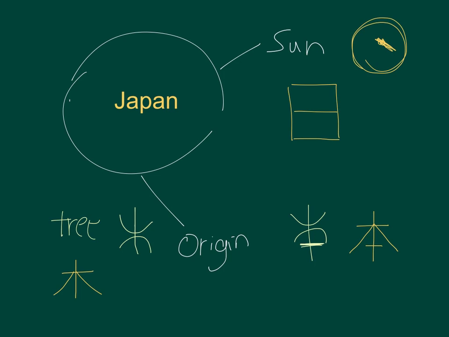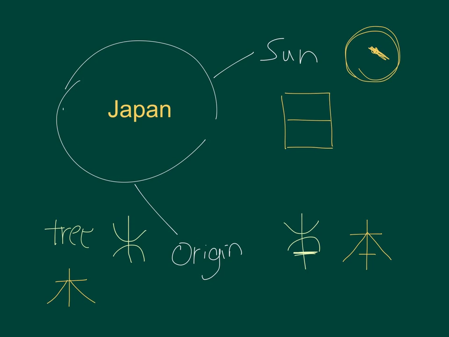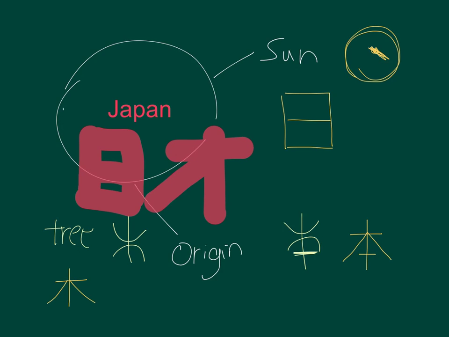Sun and origin. Now by combining sun and origin together, we can make up the kanji for Japan. So the kanji for Japan will be written in red here. 1, 2, 3, 4, 5, 6, 7, 8, 9.